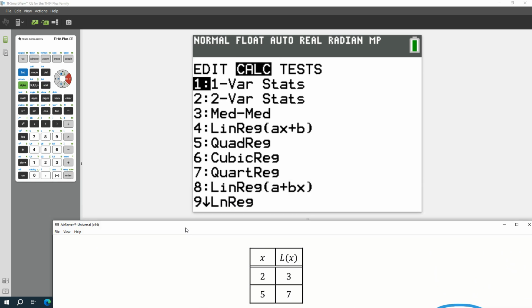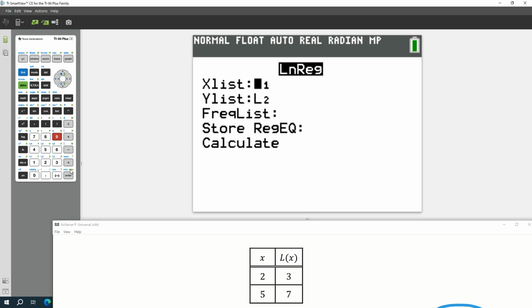Now I have the updated calculator. If you have one of the older ones, you're going to have to scroll a little bit longer. But the equation I want is number 9, the natural log regression equation. I'm still going to practice storing my regression equation in Y1 because sometimes you need to and sometimes you don't. I'm just going to do it every time.